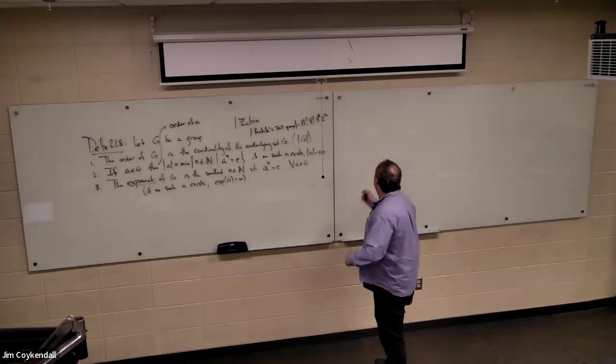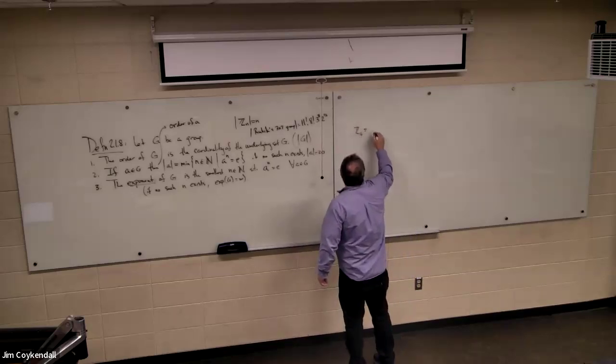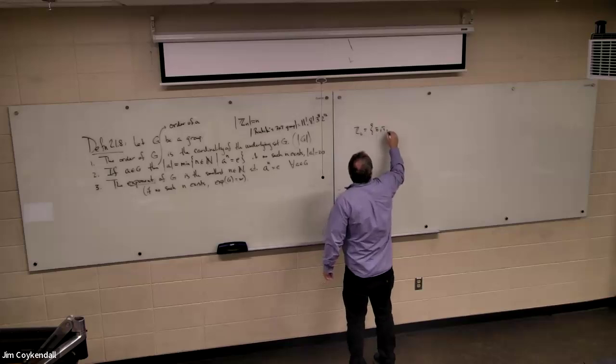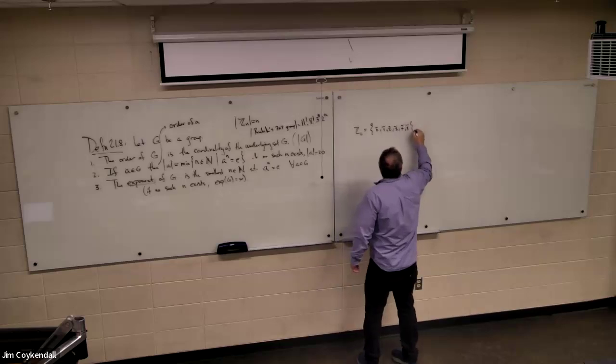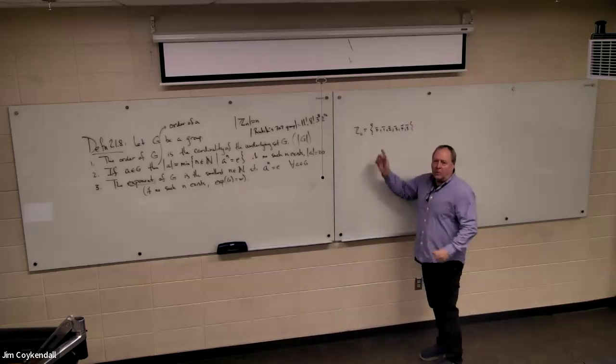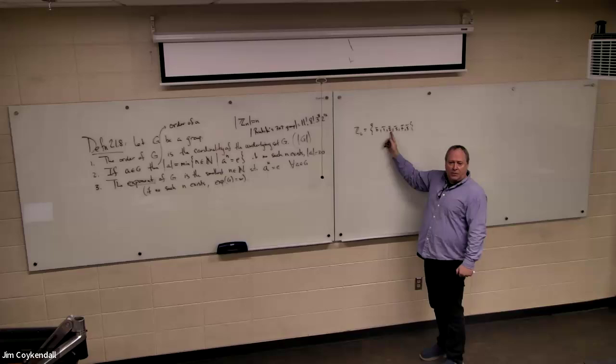How about in Z6? What's the order of 1 here? How many times do I have to add 1 to itself to get the identity? 6. Everybody agree with that? That's the smallest you have to do. What's the order of 2 bar? 3.